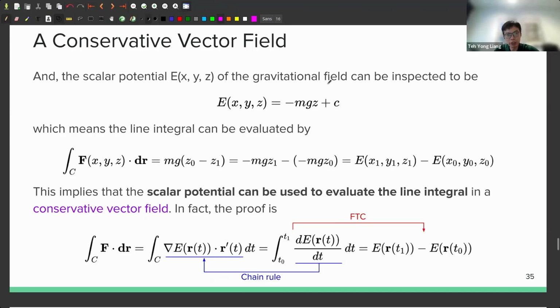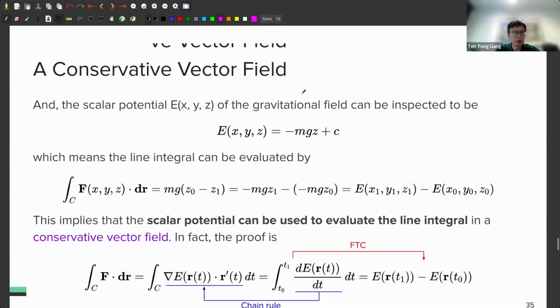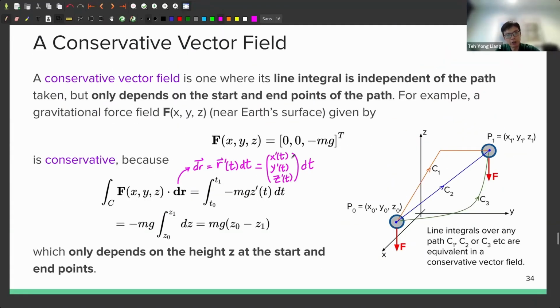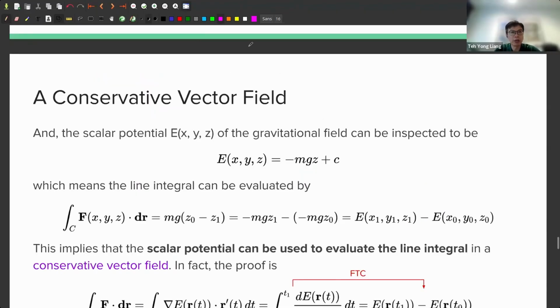The scalar potential is just minus mgz plus c. Why is that so? Because your vector field is 0, 0, minus mg. So let me write here: the gravitational vector field is 0, 0, minus mg.